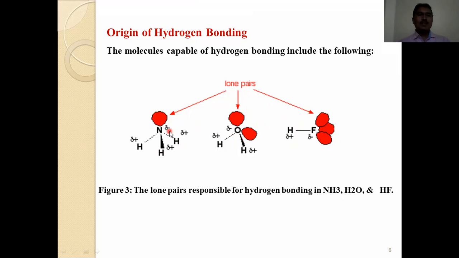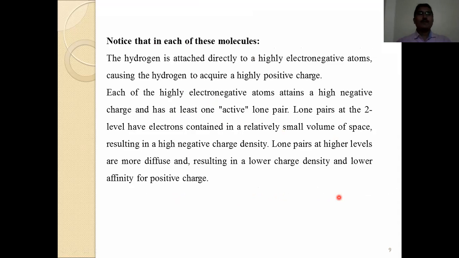We can see here nitrogen, oxygen, and fluorine are the electronegative species. That's why they are delta negative, and hydrogen is delta positive. Here dotted means hydrogen bonding. The lone pair is responsible for hydrogen bonding in NH3, water, and hydrogen fluoride.